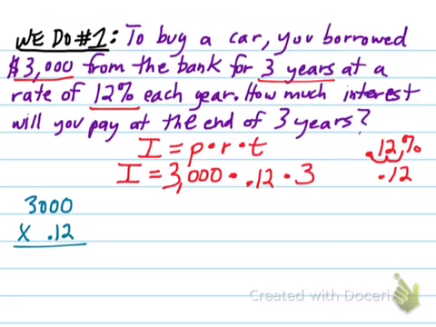So first we're multiplying principal times rate. 2 times 0 is 0, 2 times 0 is 0, 2 times 0 is 0, and then 2 times 3 is 6. Add my placeholder. Some of us forget the placeholder part, which is important. 1 times 0 is 0, 1 times 0 is 0, 1 times 0 is 0, and 1 times 3 is 3. Then we add.